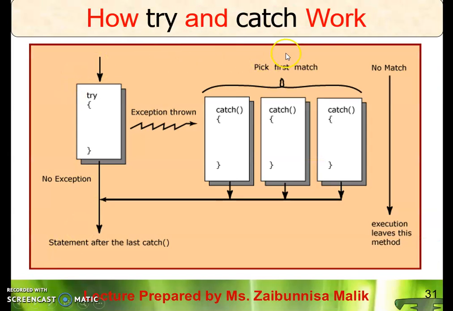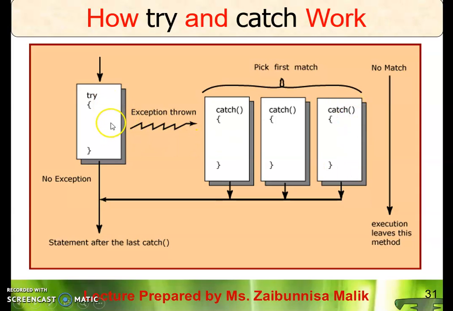So how do try and catch work? See, I am trying to show you diagrammatically also. This is my try block. If an exception is generated in my try block, that exception is thrown, right? Where does it go? To the catch statement. Here we have multiple catch blocks. Now see, this catch is there, this catch is there, this catch is there.